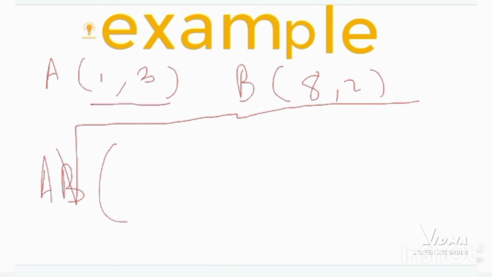We need to choose which one will be our x2 and which one will be our x1. So you arrange your points first. This will be our xa, this will be our ya, this will be our xb, and this will be our yb.